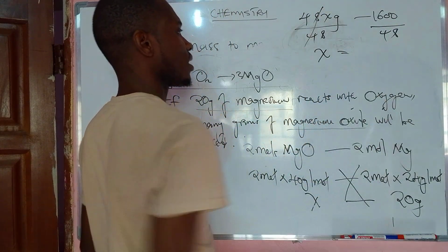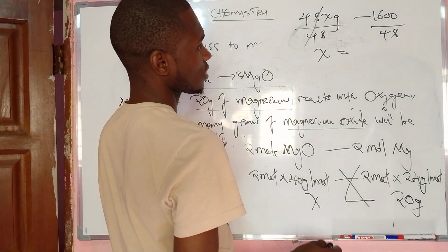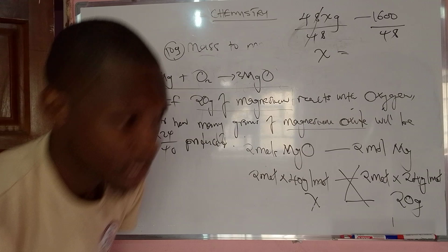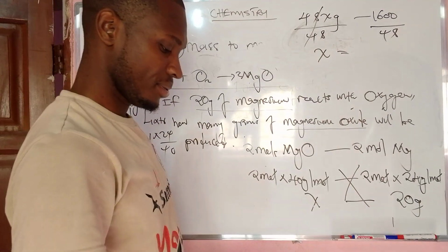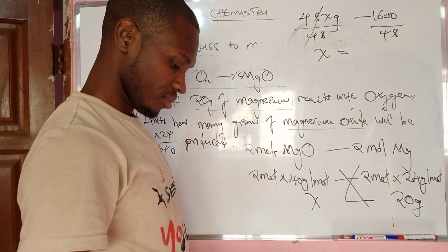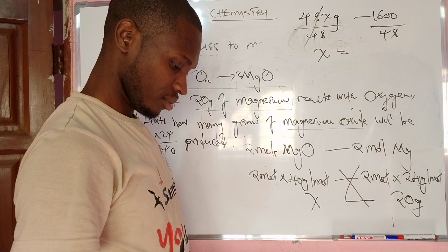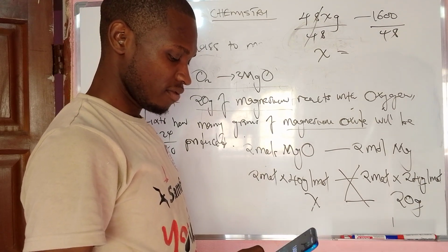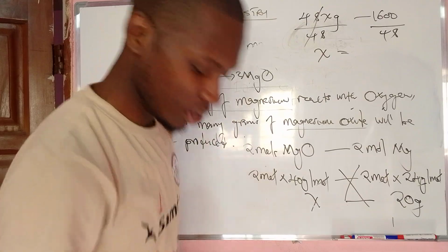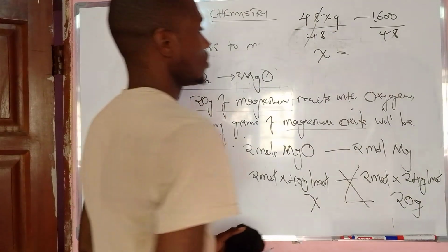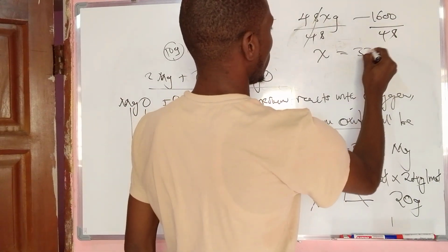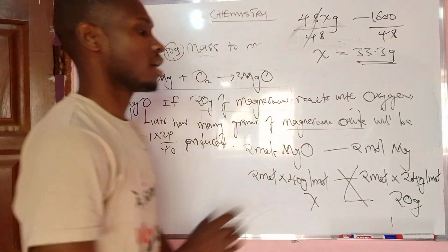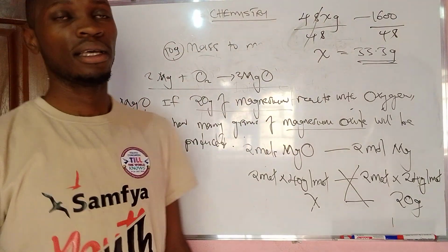So what is the value of x? Let me use the calculator. 1,600 divided by 48 gives 33.3. So the mass which was produced was 33.3 grams. That is how we do mass to mass calculation.